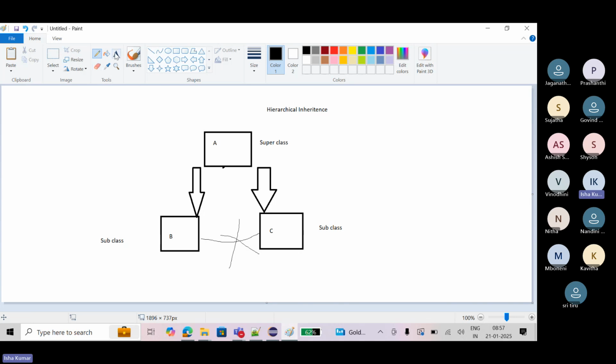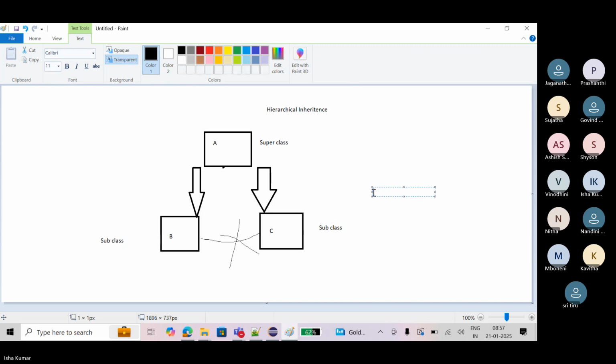So here, how can you write? Class B extends A, and class C extends A. Here we can have direct subclasses, but independently.